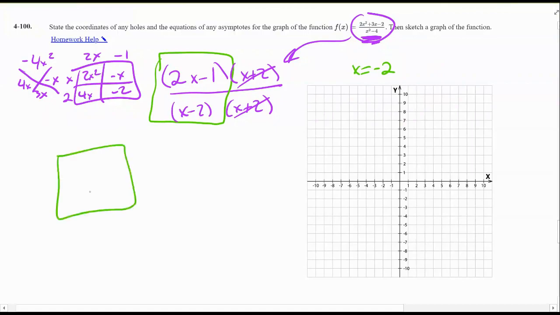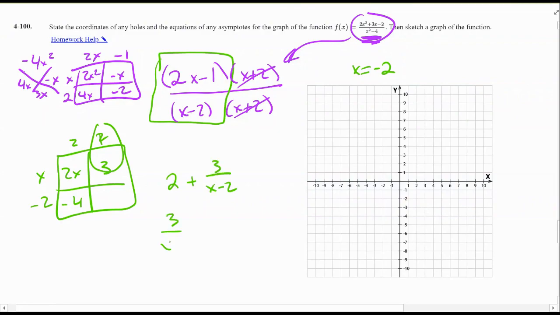So in this one, 2, negative 4, and this has to be positive 3. So my remainder is 3. And so looks like I get 2 plus 3 over x minus 2, or if I were to switch that around, 3 over x minus 2 plus 2.